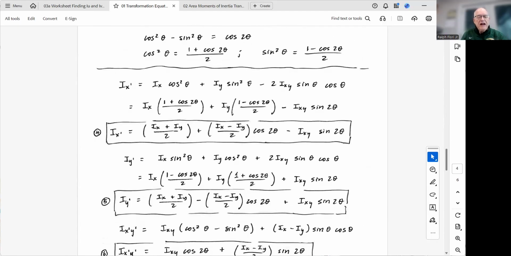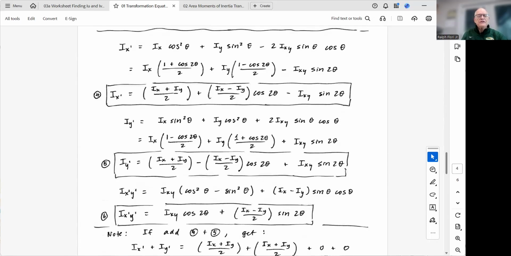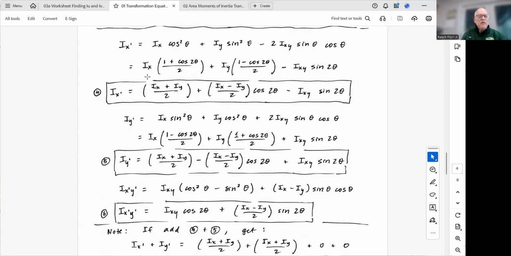Basically, if you sub in angle identities, you get these forms of the equations, where this is an I average, this is an Ix minus Iy over 2, this is a cosine 2 theta, and this is a sine 2 theta term. Same equation, we've just used trig identities to put them in terms of 2 theta terms.